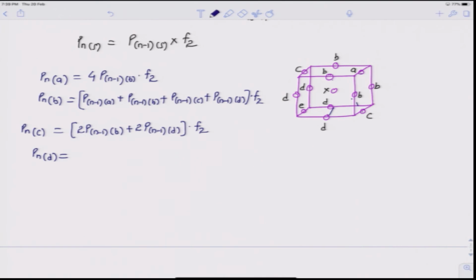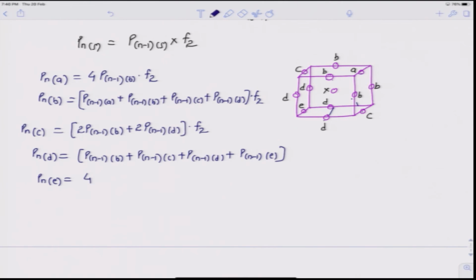P n of D would be, if we consider any D atom, its common nearest neighbors are B, then C, D and E. So, we have P n minus 1 of B plus P n minus 1 of C plus P n minus 1 of D plus P n minus 1 of E. And for an E atom, if we find the common nearest neighbors of E and X, they are all 4 D type of sites.